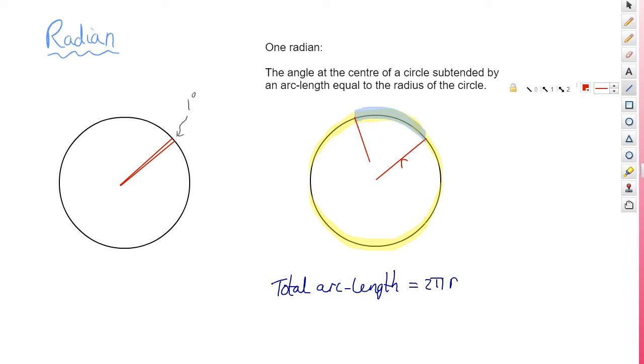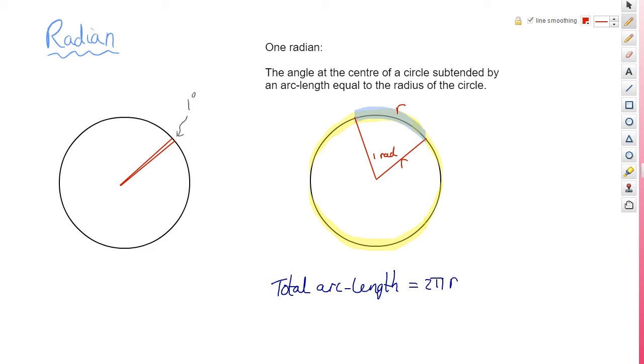And if I join it up the other side, and if we say that that's a length r, well, the angle subtended by that arc length just means the angle made by those 2 radiuses, or radii. So the angle in there we call 1 radian. So that's what a radian is. And we can see that it's actually quite a big angle, quite a surprisingly big angle, really.